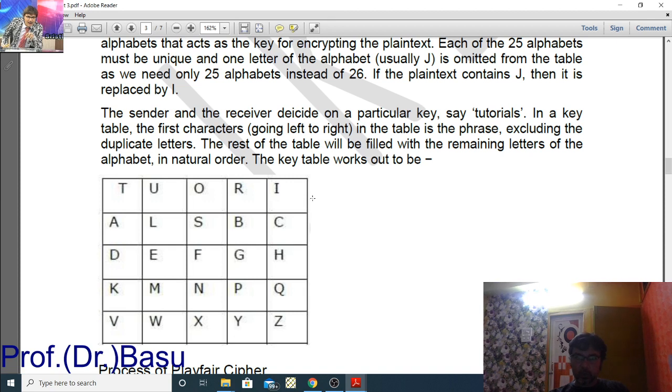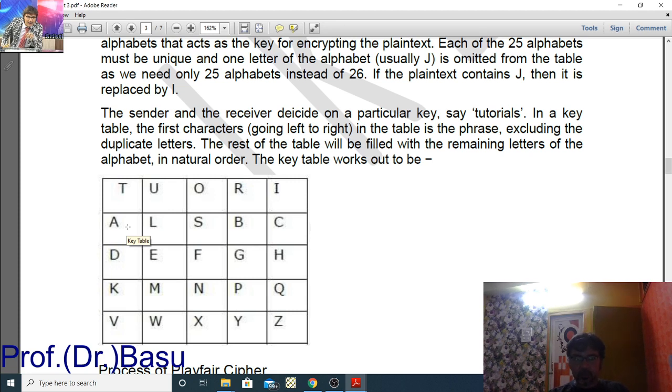So T, U, then T we are omitting, then O has not occurred, so we are putting O side by side, then R has not occurred, so we are putting R here, then I, then 5 rooms are filled, then the next character will come to the next position of the matrix, that is this position.